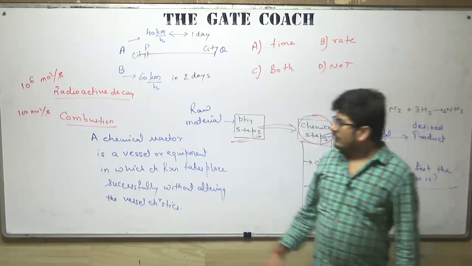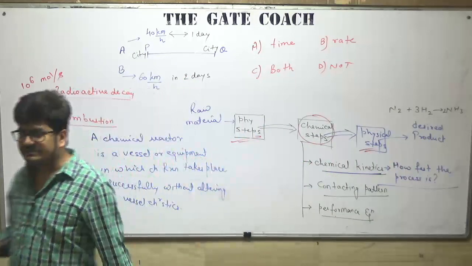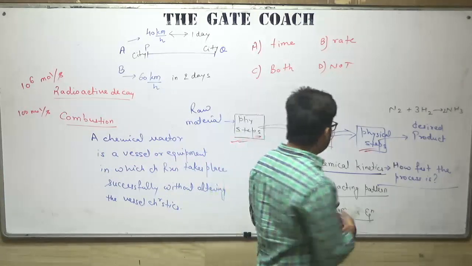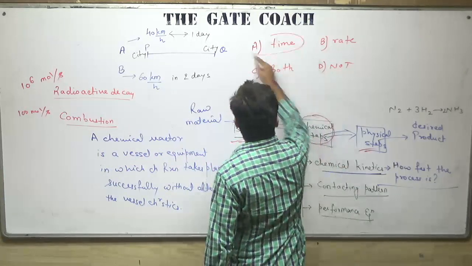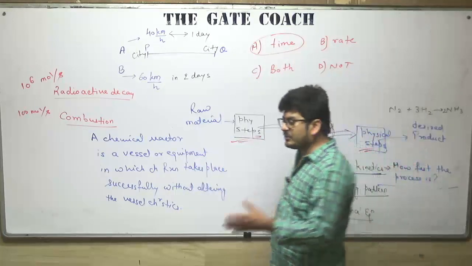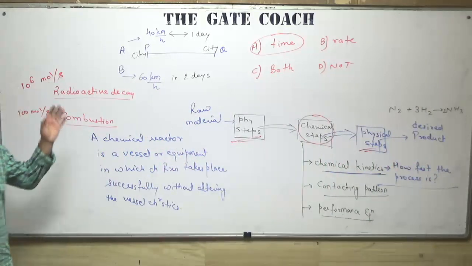Whatever the rate is, it doesn't matter. When we talk about any process in life, we always use time to identify whether the process is fast or slow. We don't talk about the rate.